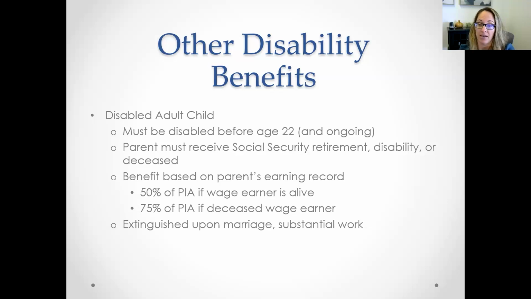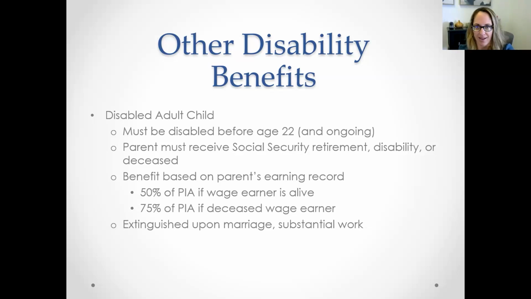They can get disability insurance benefits based on one of their parents' earnings records, if the parent also becomes eligible either by retiring, being disabled, or dying. So this is a great situation for children who never are able to work, never will be able to work. They've been disabled potentially their whole lives.